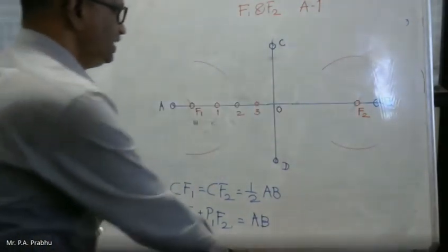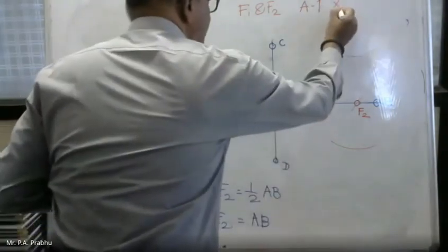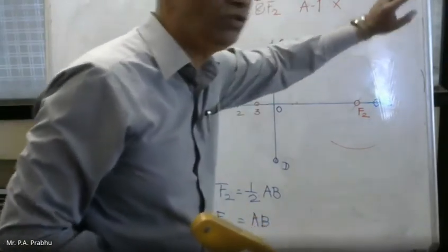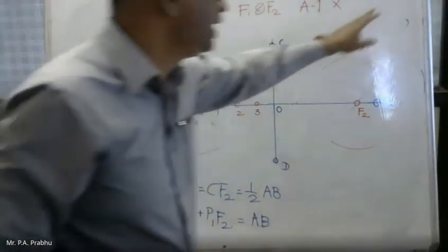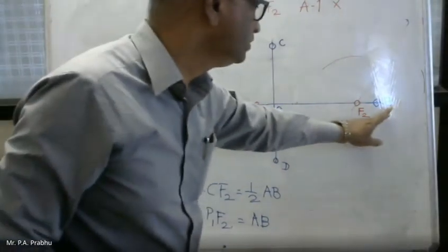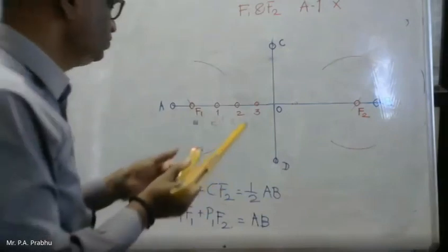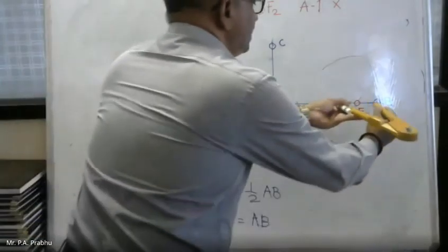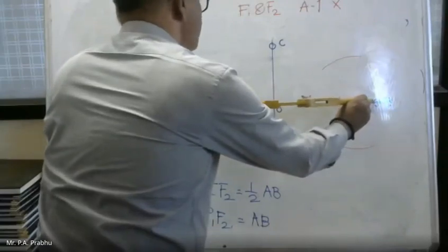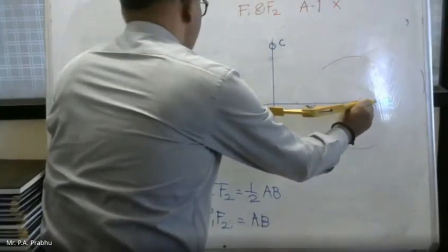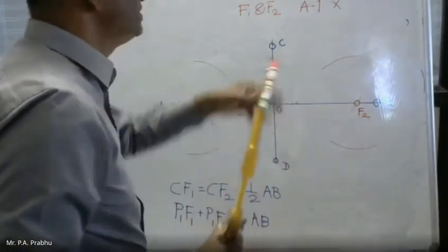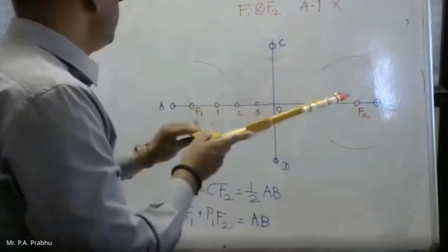Now, to intersect this arc, I have to take the second radius such that the sum of these two radii must be equal to the length of the major axis. So AB minus A1 remaining will be 1B, or B1. So change the radius. Take the radius equal to B1. Our centers are fixed, that is F1 and F2.